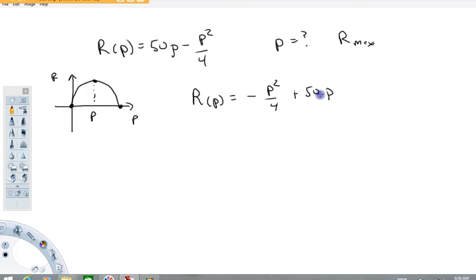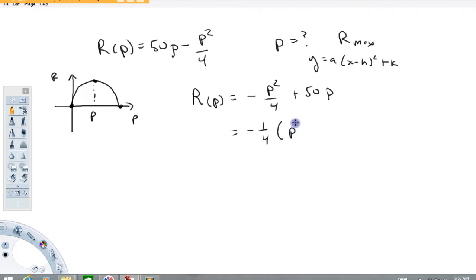And again, what we're going to have to do is put this in its standard form. I'm going to write that down. Y equals a times X minus H squared plus K. All right, now this one doesn't have Y's and X's. It has R's and P's, but still standard form. This stuff still applies. Let's factor this minus 1/4 out of these two terms.